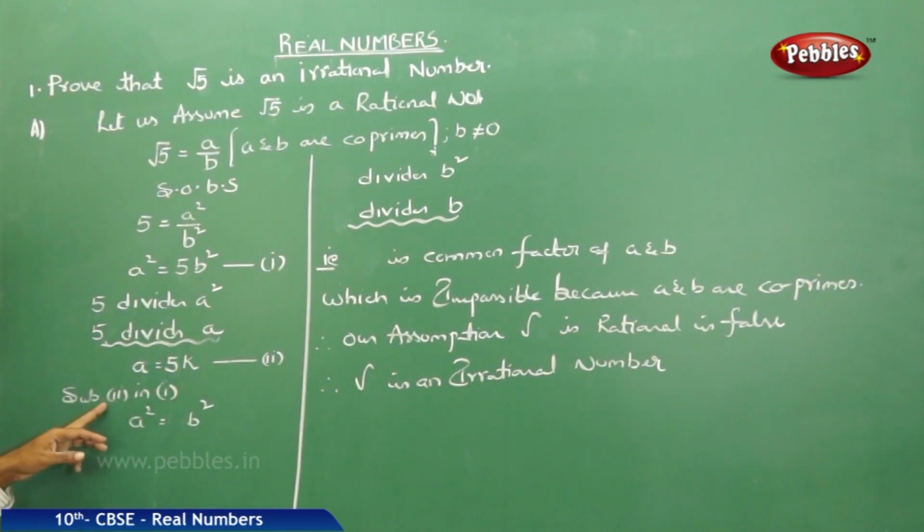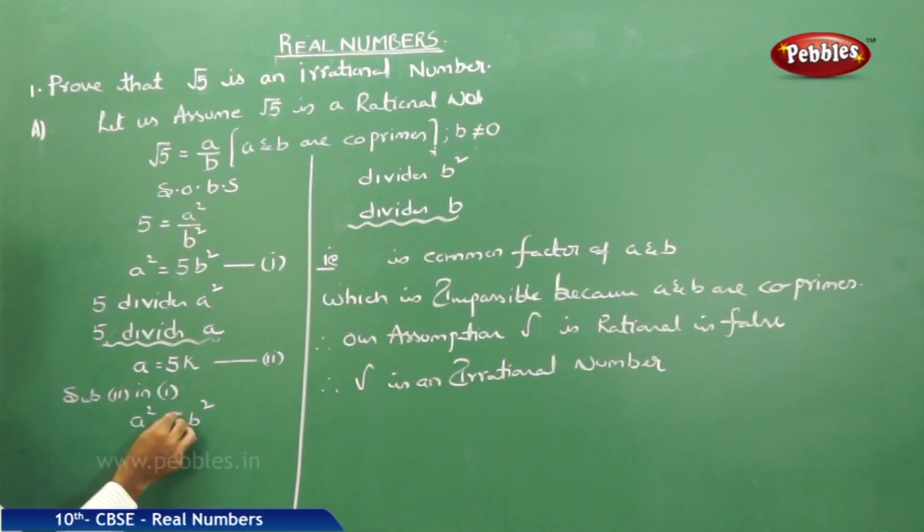Now substitute equation 2 in equation 1. A square is equal to 5b square. In place of a, substitute 5k: 5k whole square is equal to 5b square.